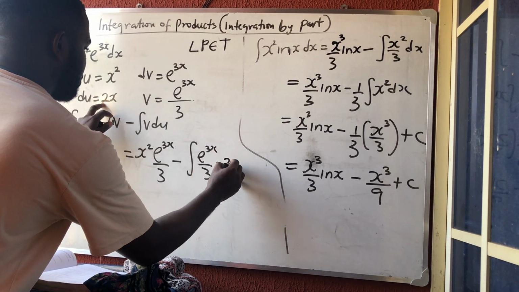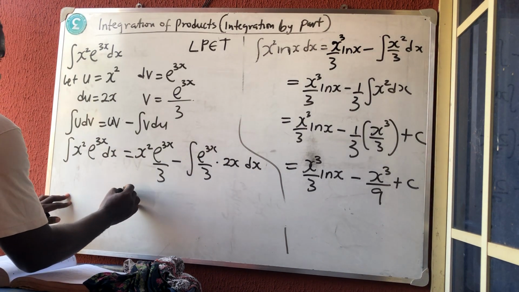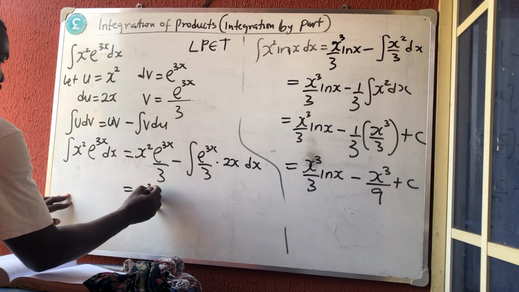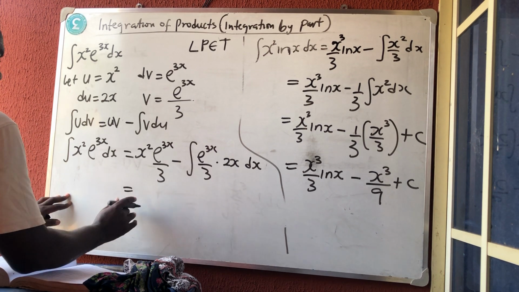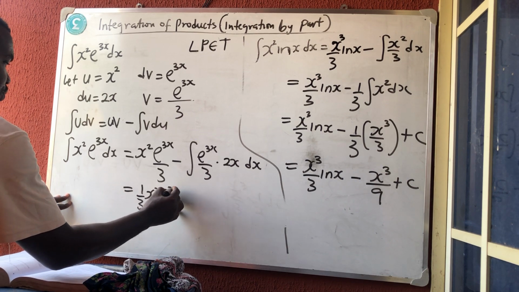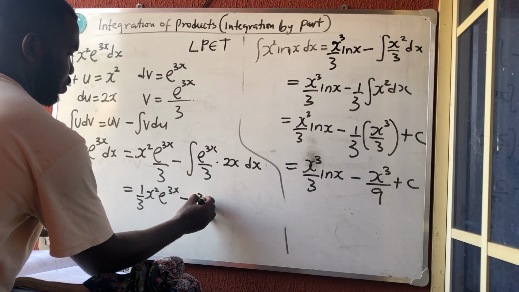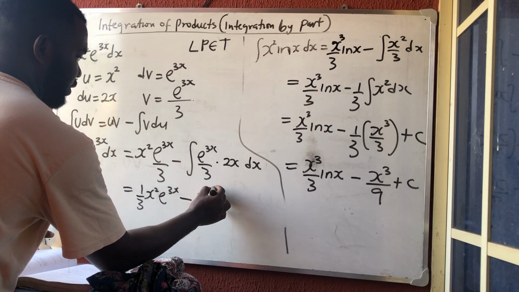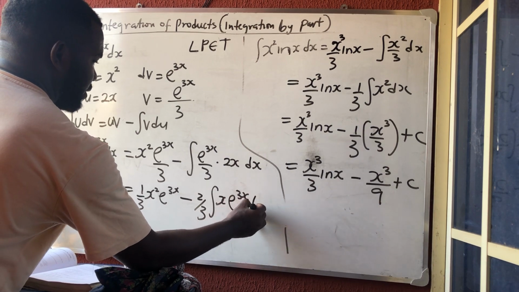Du is 2x, then you now add the dx. So what do we have? This is equal to 1 over 3 x raised to power 2 e raised to power 3x minus, the constant can come outside, which is 2 over 3 the integral of x e raised to power 3x dx.